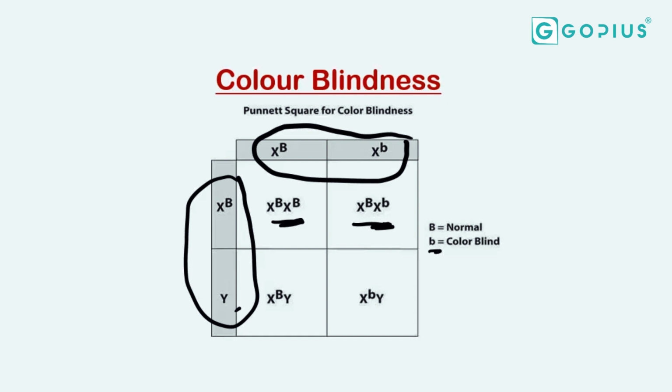Then Y cross with X capital B will give you a normal boy. Then Y cross with X small letter b will give you somebody that is suffering from color blindness.